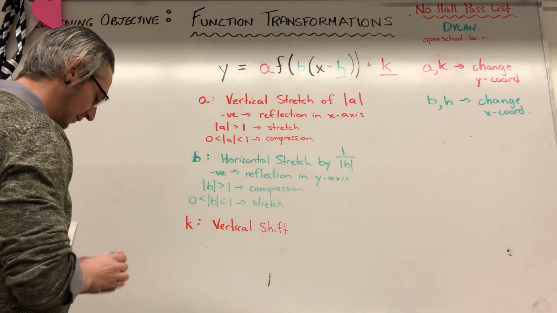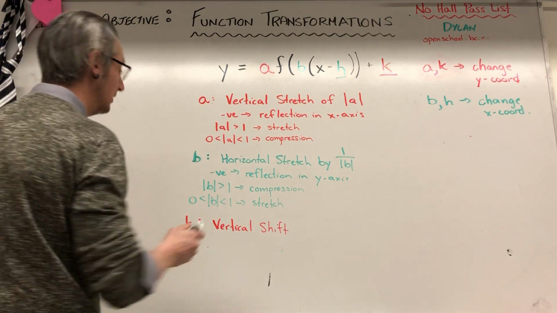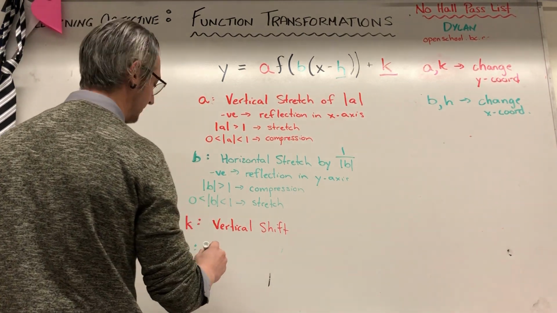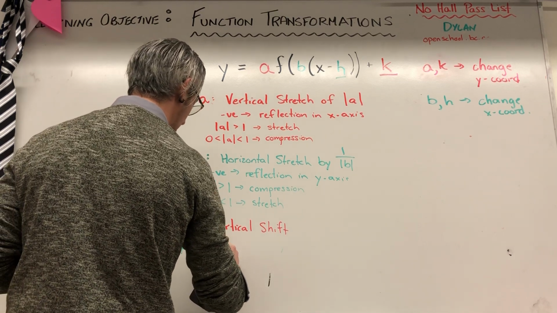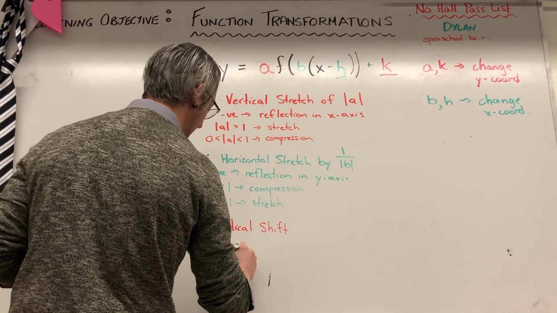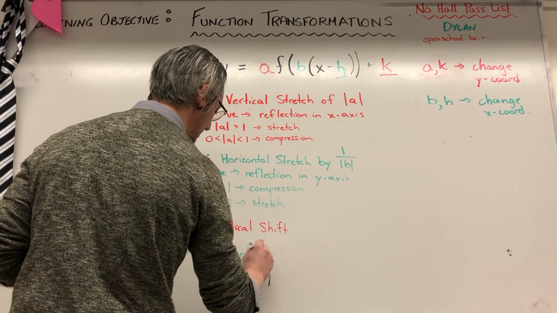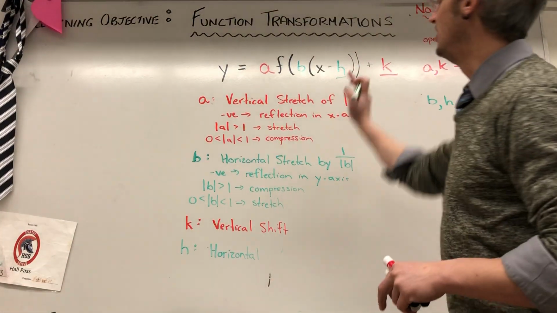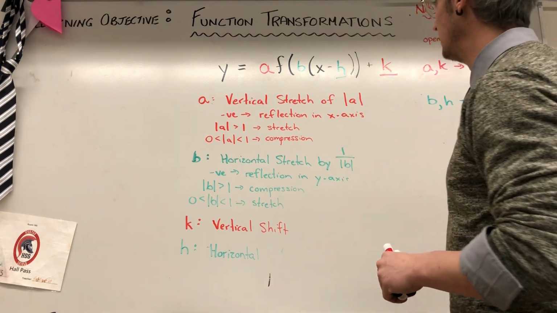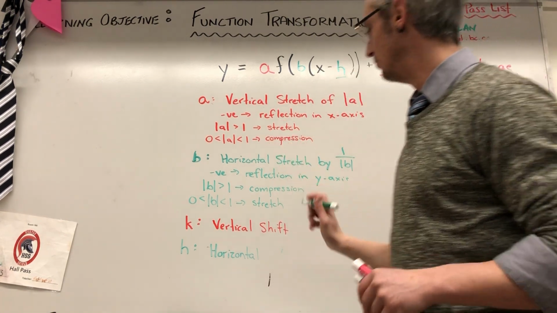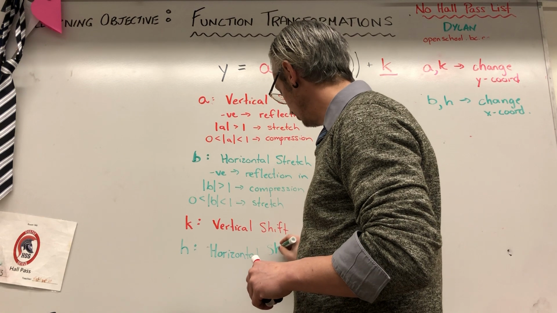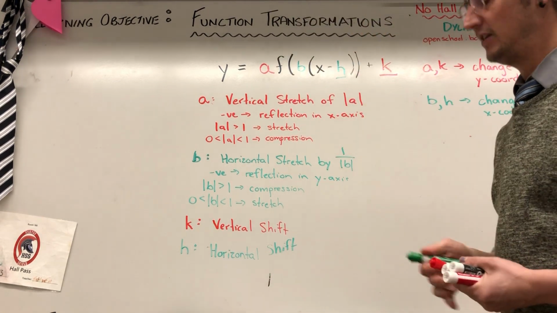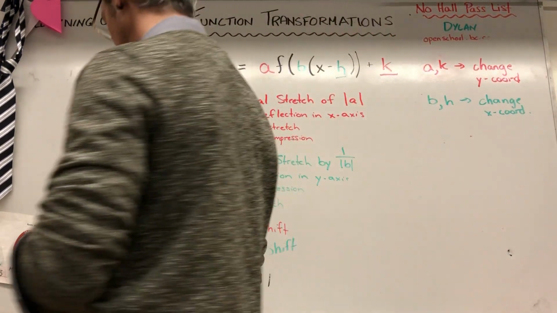And then K's evil twin, cousin, uncle, brother, is H. H is a horizontal shift, and H, like B, behaves in the opposite way. So if I have a negative H, it means I'm moving to positive X. And if I have a positive H, I'm moving to negative X. Horizontal shift, translation. So there it is. That's all of our function transformations.